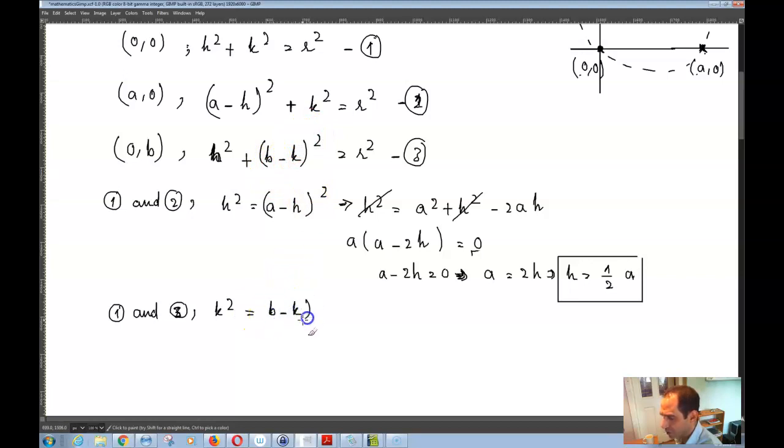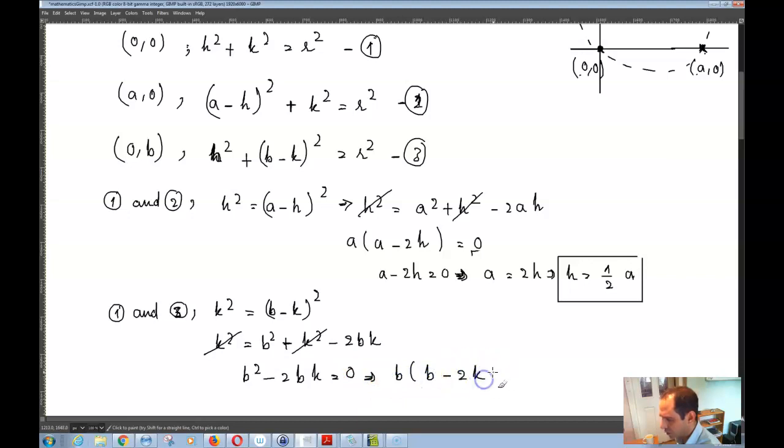B minus k whole squared, which means that k squared is equal to b squared plus k squared minus 2bk, and k squared you can cancel out, so then b squared minus 2bk is equal to 0, and so that means that b times b minus 2k is equal to 0.